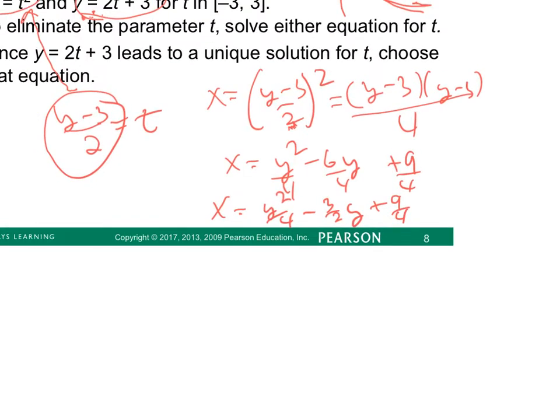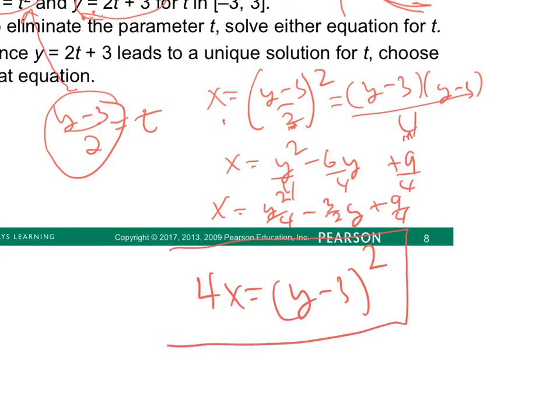Probably we didn't see it that way in our conics. We probably put the 4 with the x and wrote 4x equals y minus 3 squared. That's how we wrote it in our parametric, if you recall, when we were doing the focal points and stuff like that. But this is a perfect equation.